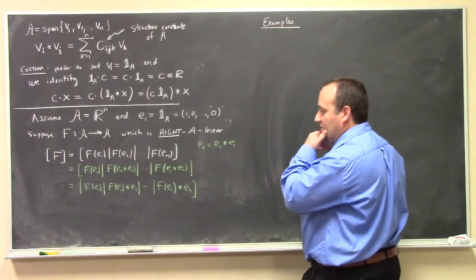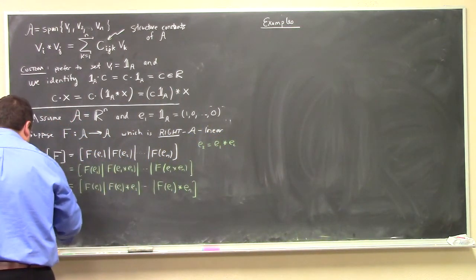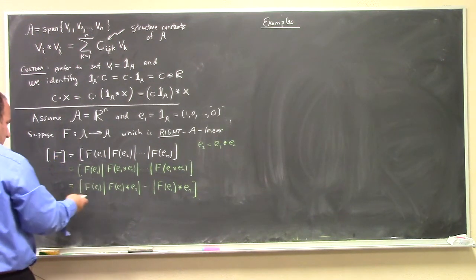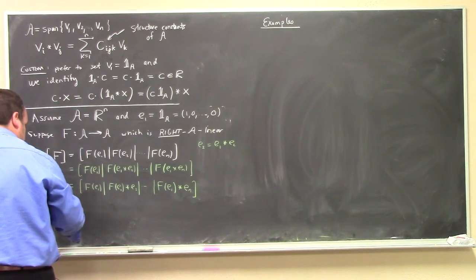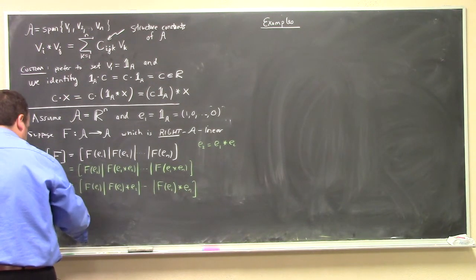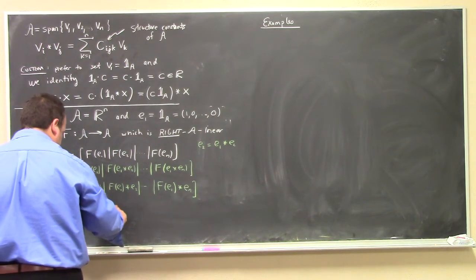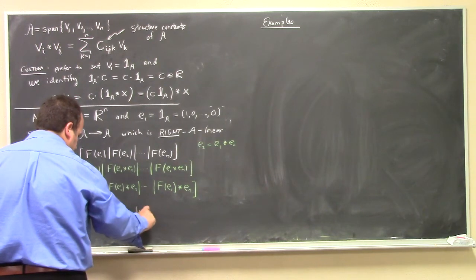I guess I should mention a definition. I think I say that the matrix representation of v is equal to [v times e1, v times e2, ..., v times en].